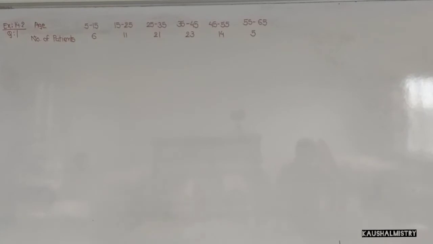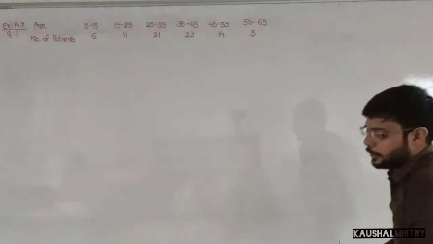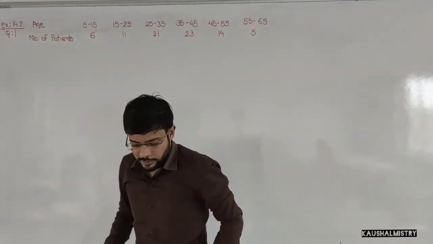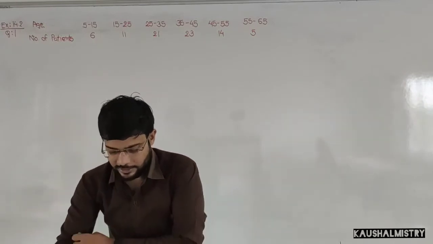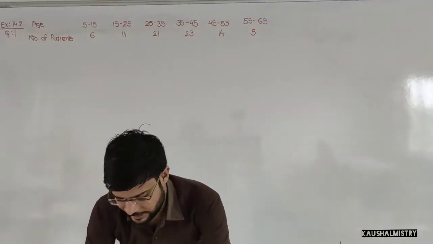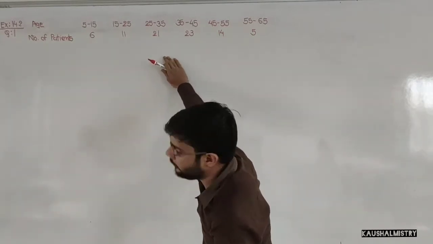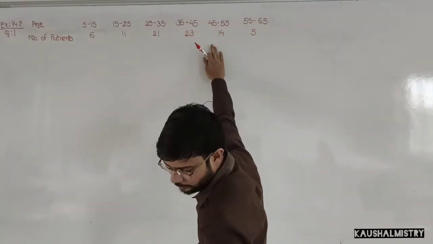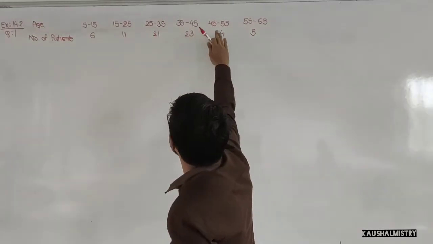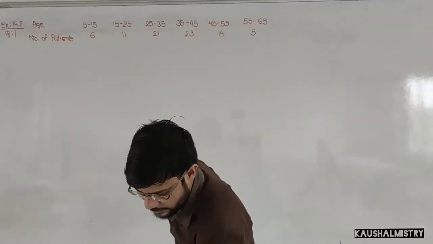Now, exercise 14.2, question number 1. Here, instead of class, age is given: 5 to 15, 15 to 25, 25 to 35, 35 to 45, 45 to 55, and 55 to 65.